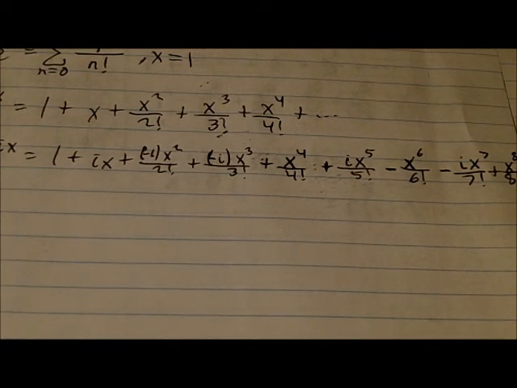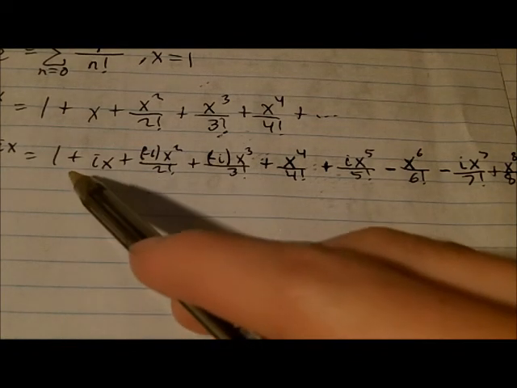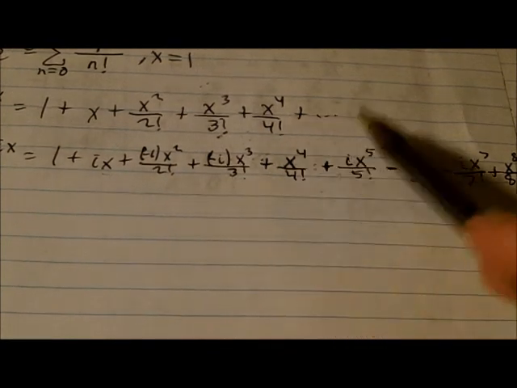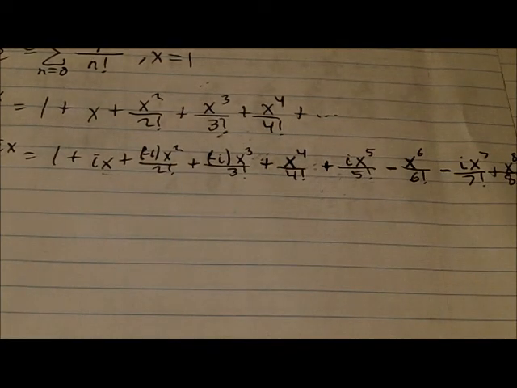And you probably know already that these terms resemble the same terms that we've seen in the expansion of sine and cosine, which is a very, very good thing to notice, very important.